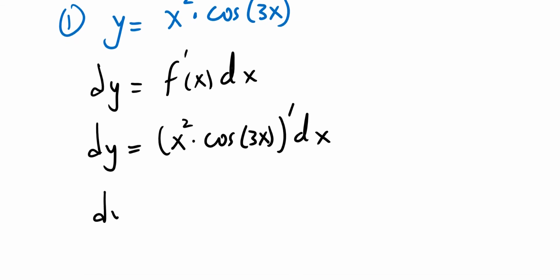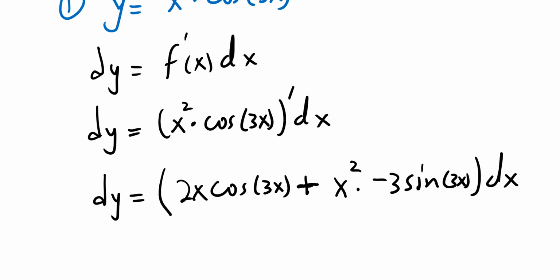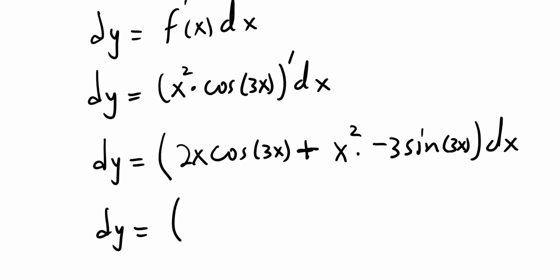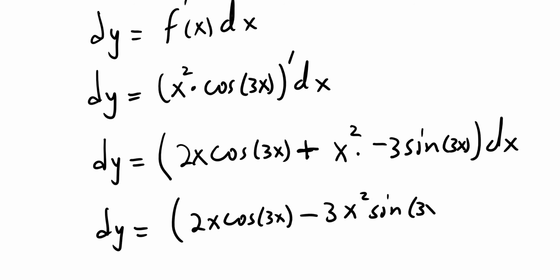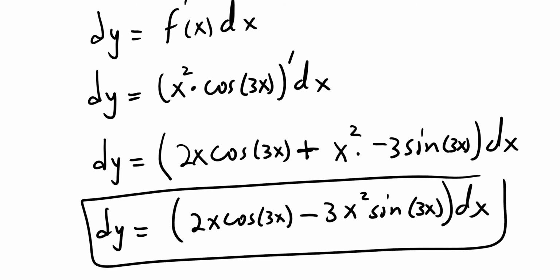How do I find the derivative of this one? It's a product, so we use the product rule: the derivative of the first function, 2x, times the second one, plus keep the first one the same, times the derivative of the other one, negative 3 sine 3x. All that times dx. And this can be rewritten as 2x cosine 3x minus 3x squared sine 3x, all of that times dx. That's the differential.